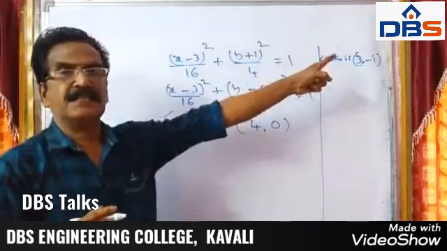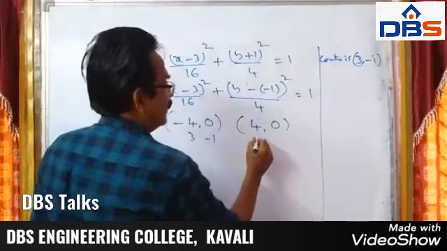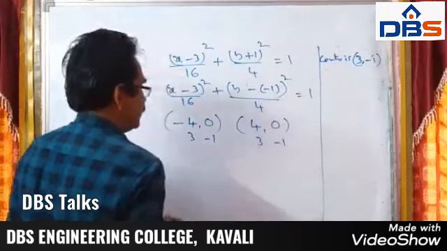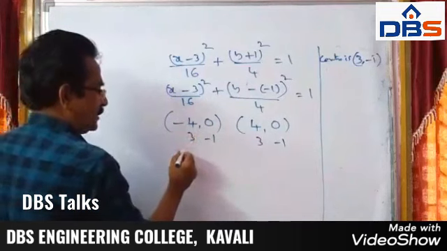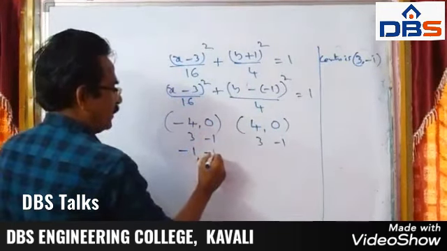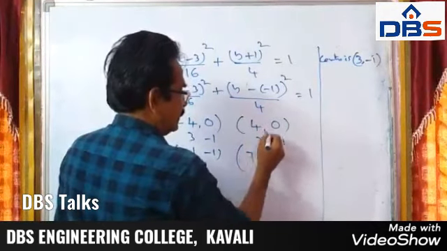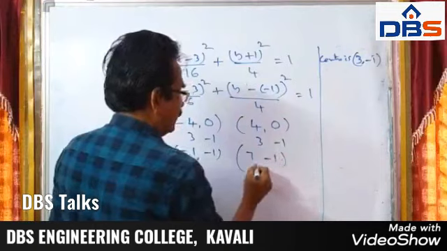Now the center is 3 comma minus 1, so let us add 3 comma minus 1. So minus 4 plus 3, 0 plus minus 1, and 4 plus 3 is 7, 0 plus minus 1.